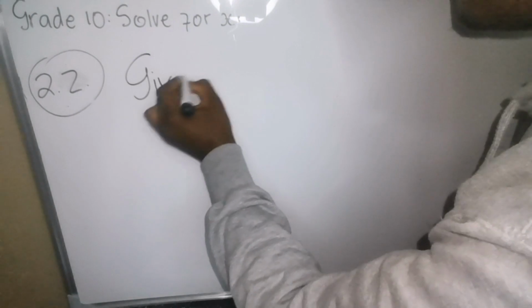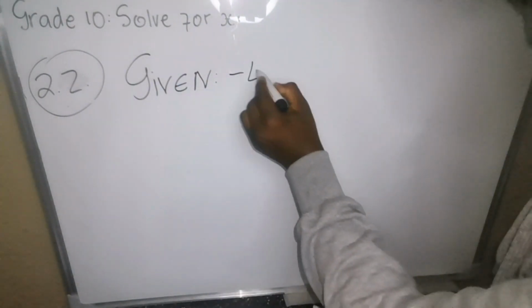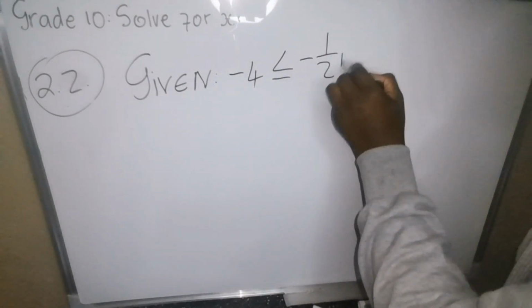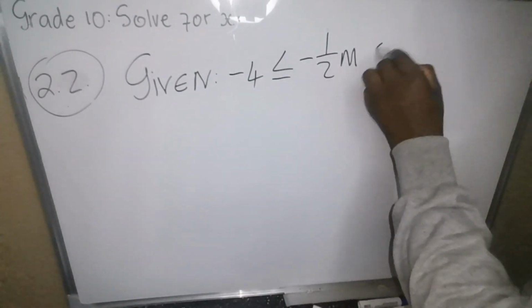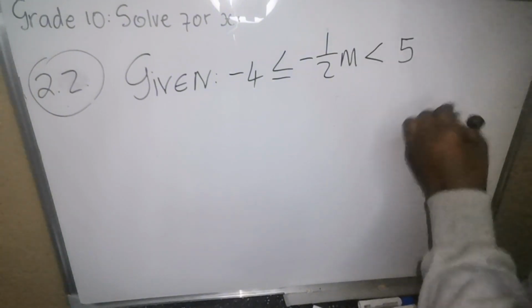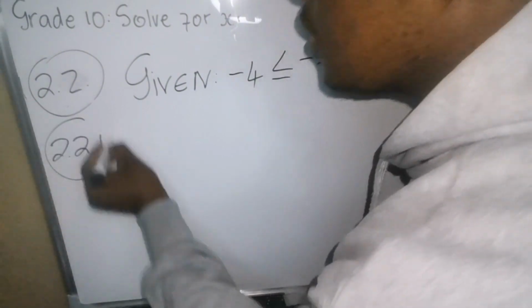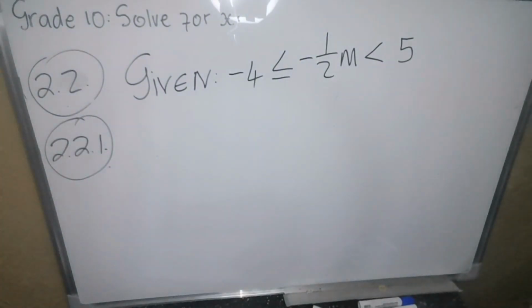It says that given -4 ≤ -1/2 m < 5, this is an inequality. 2.2.1: Solve for m.